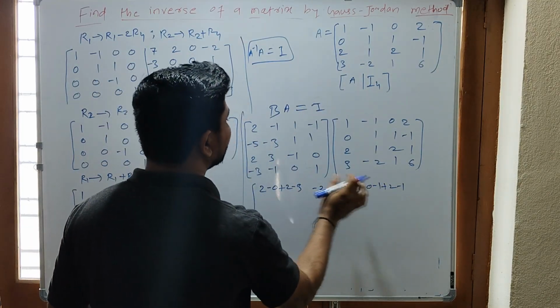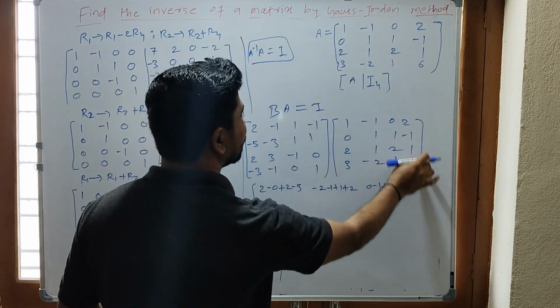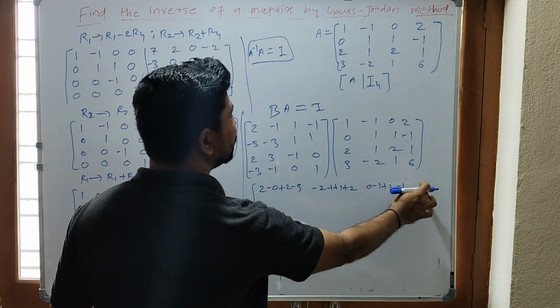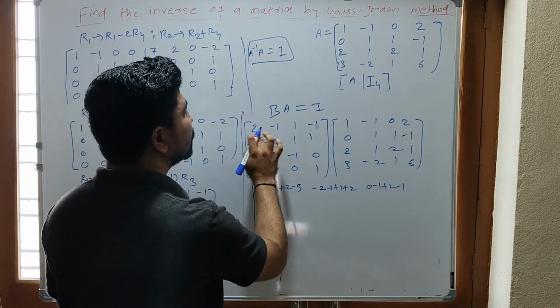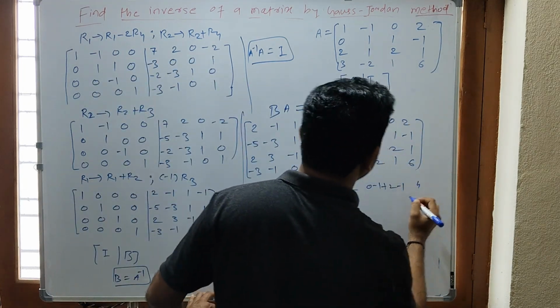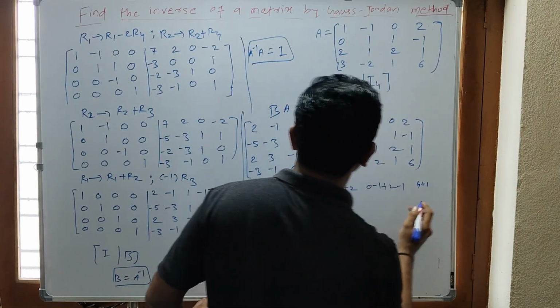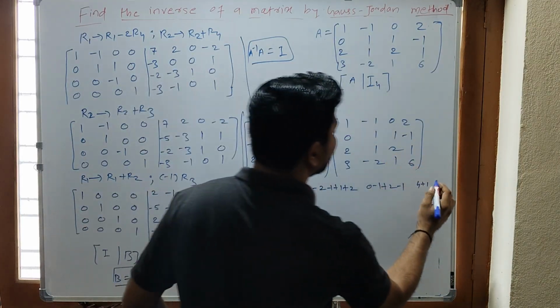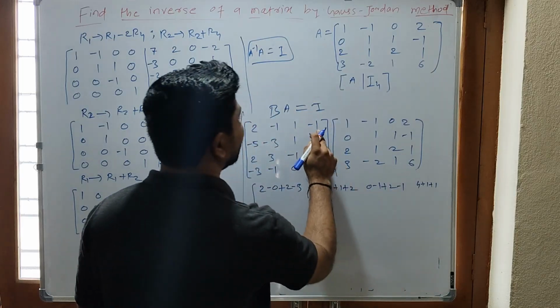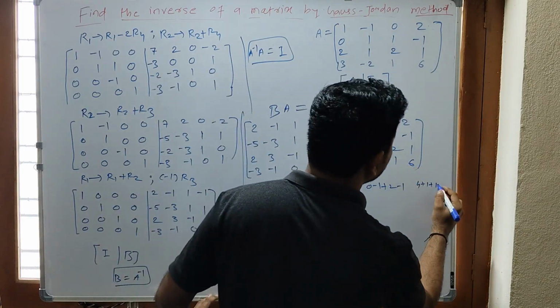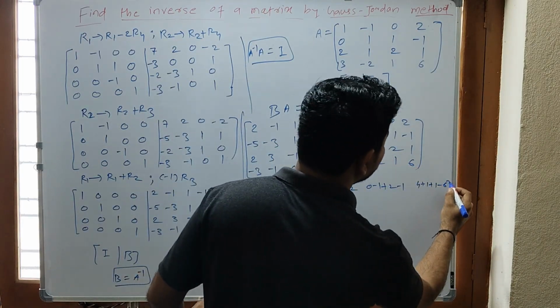Now this is the A13 entry. Now this first row fourth column is this A14 entry. This is 2 into 2 is 4, minus 1 into minus 1 plus 1, this 1 into this 1 plus 1, and this minus 1 into this minus 6, this is simply minus 6.